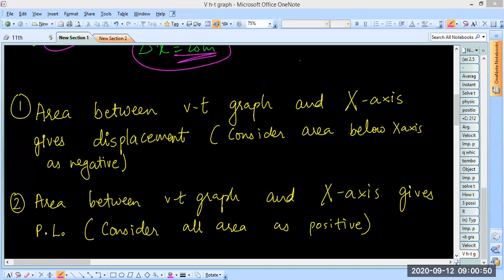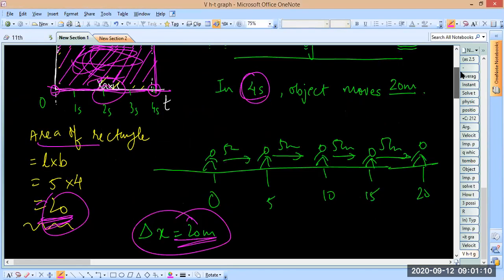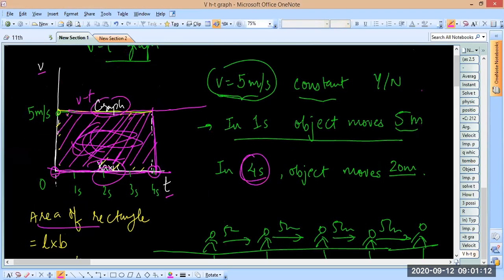Yes, Ankita, do you have a question? Is it applicable in XT graph? No, Rohan, not applicable in XT graph. Ankita, if you have a question, you could ask it. Yes, this works only for VT graph.